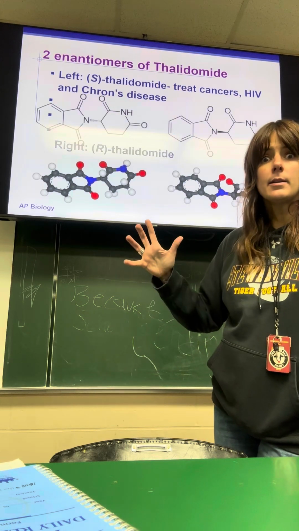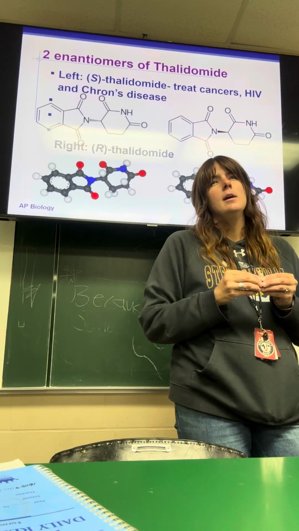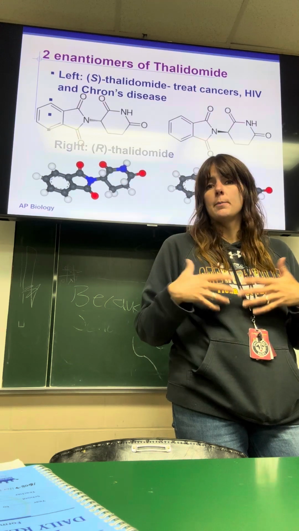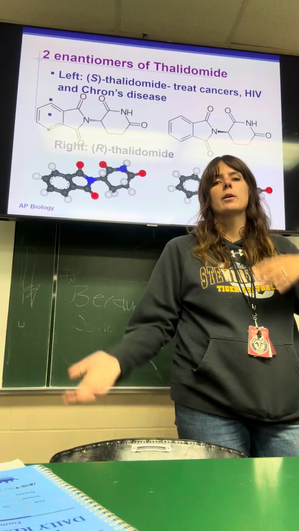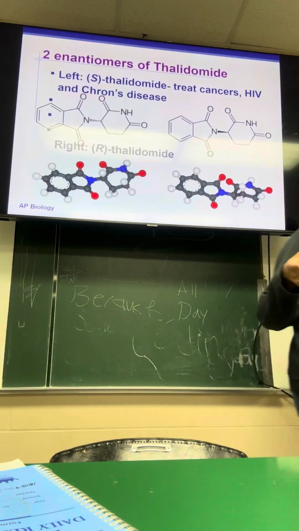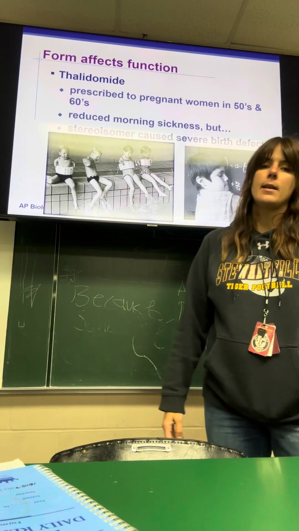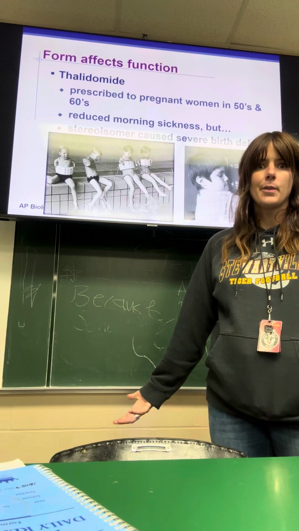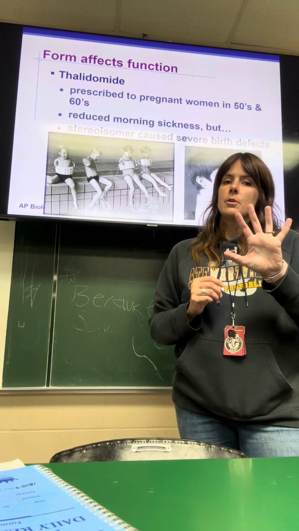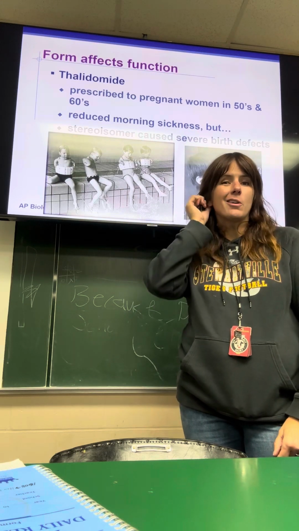If you take the right-handed version of that, which was actually given to pregnant women in the 1950s who had morning sickness for the effects of nausea, it helped with nausea, but then they found it had detrimental effects, and their children had abnormalities when they were born. So when we're talking about enantiomers, left-handed versions are the ones we use, and right-handed versions are either non-functional or probably going to cause some type of problems.